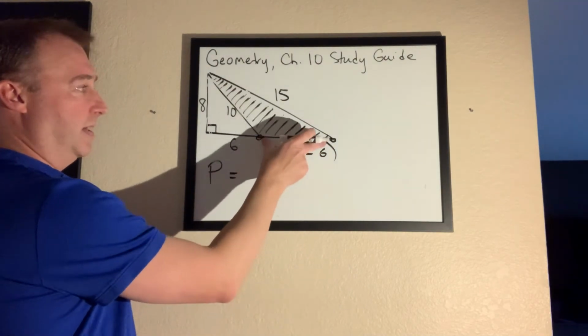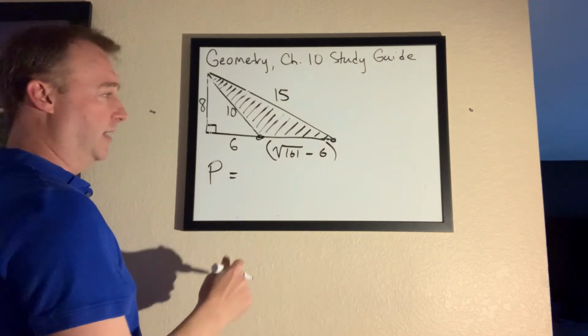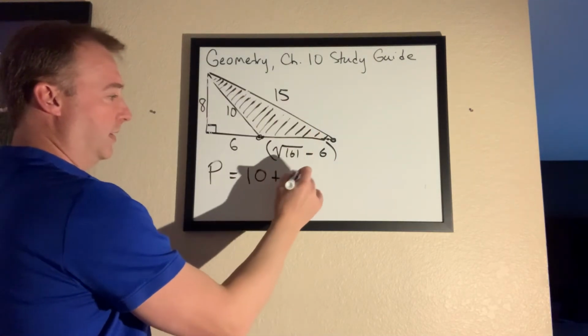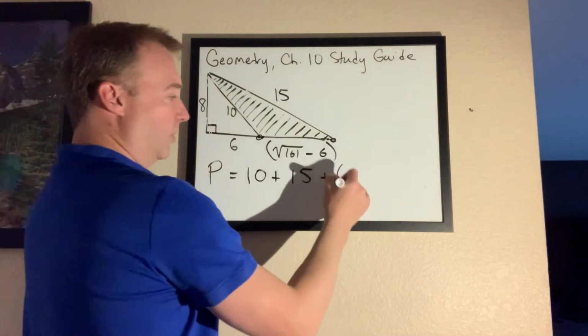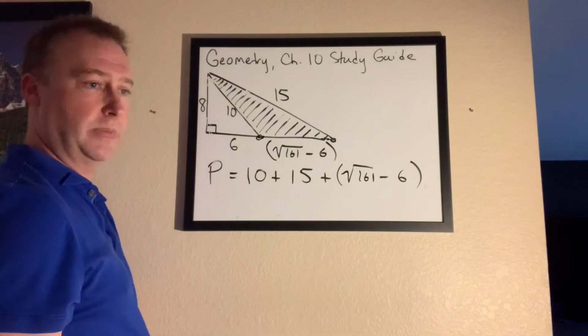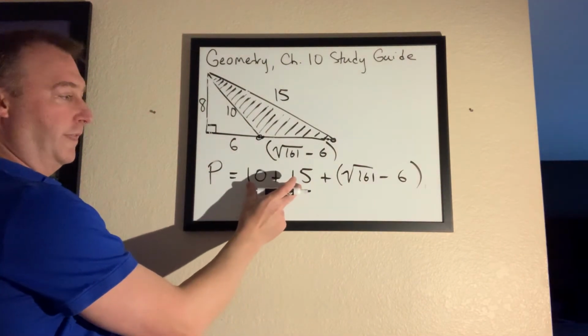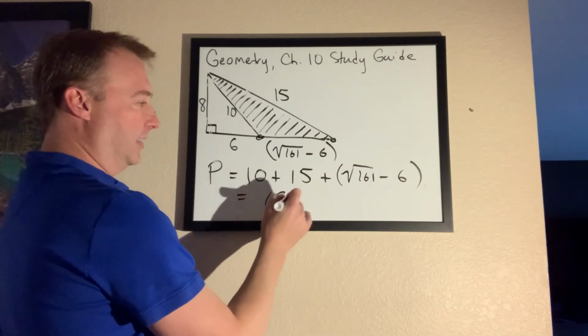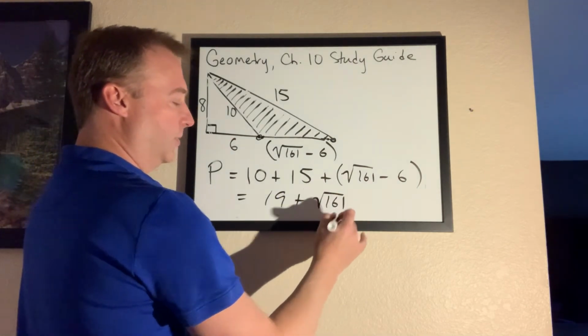Perimeter is just the sum of all the side lengths. So we have perimeter 10 plus 15 plus the quantity root 161 minus 6. Parentheses don't really matter there. We end up having 25, and subtracting 6, we get 19 plus root 161.